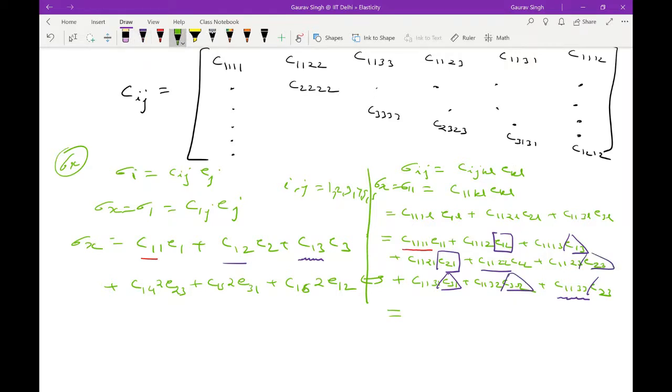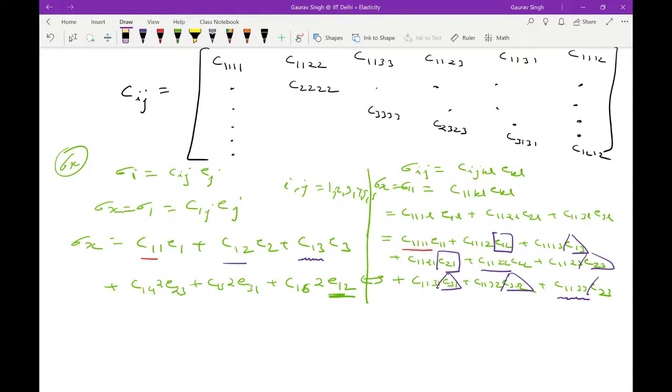This would mean that C1112 E12, so E12 is over here, I guess, this one.